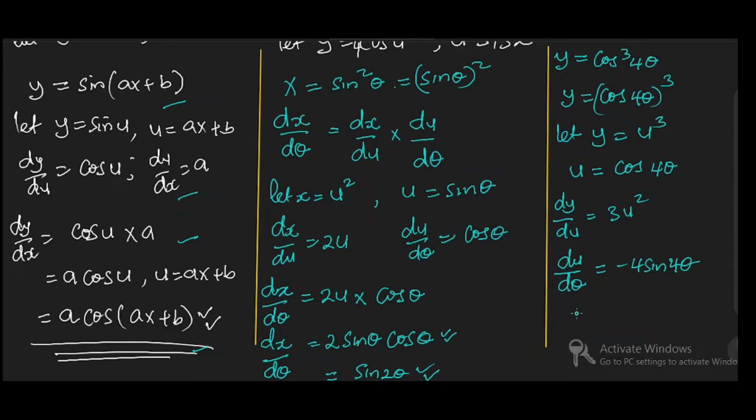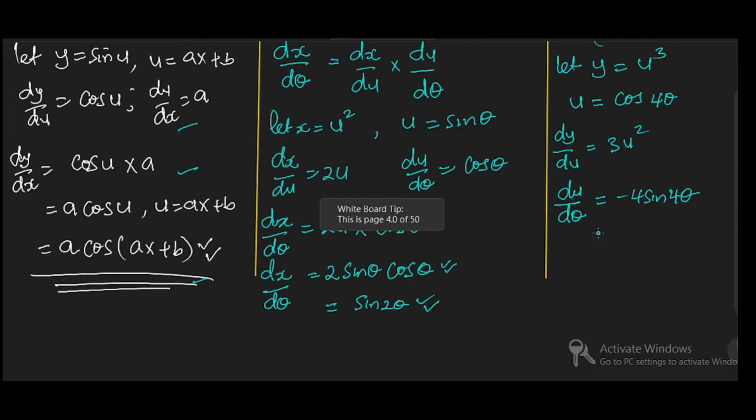So now we have our final part, where dy d theta will be equal to negative 4 sine 4 theta times 3u squared. When you bring this to this side, we shall have negative 12 u squared sine 4 theta.